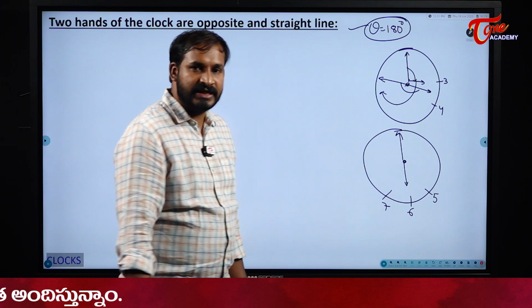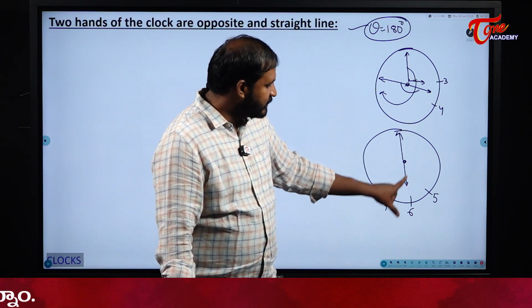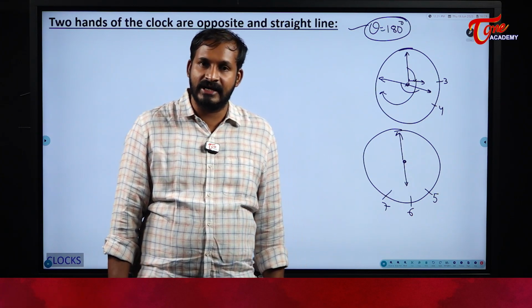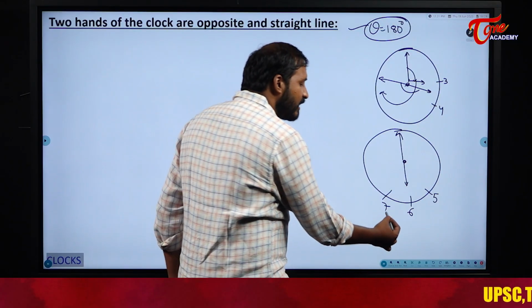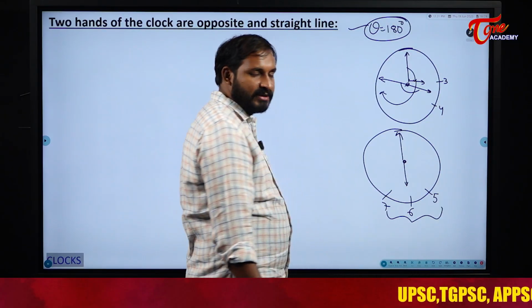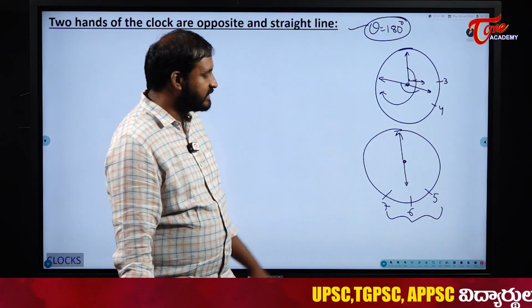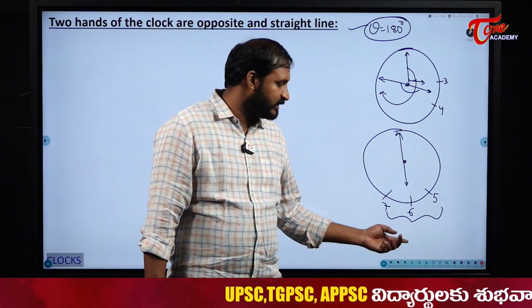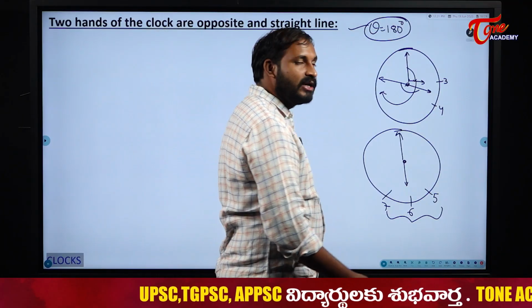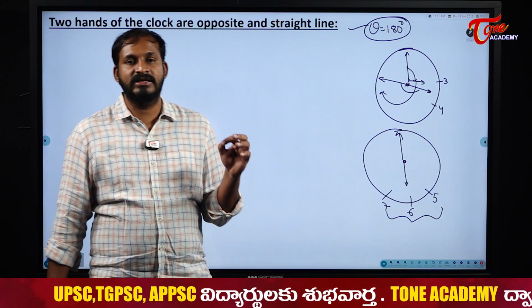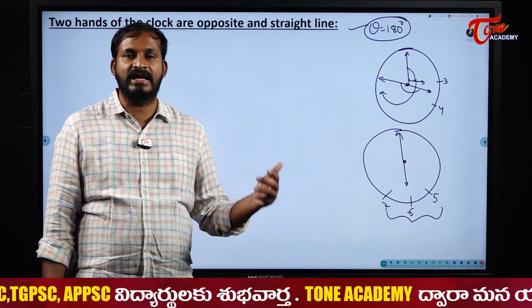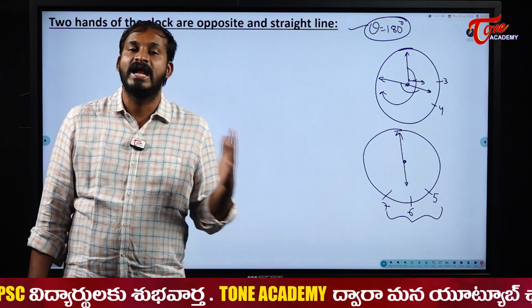At 6 o'clock both the hands will be in a straight line. Because of that reason we are losing one exactly opposite case, so we will have only 11 times. So in 12 hours the two hands of the clock will be exactly opposite to each other just 11 times.